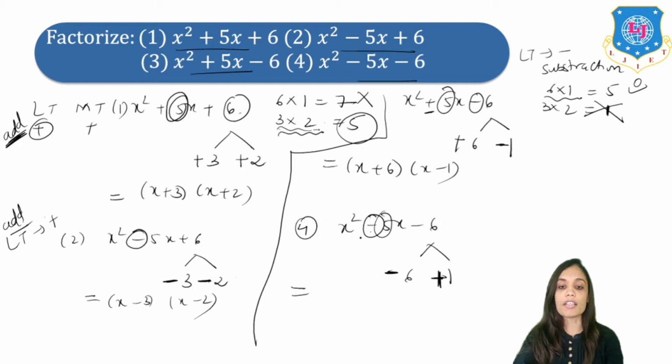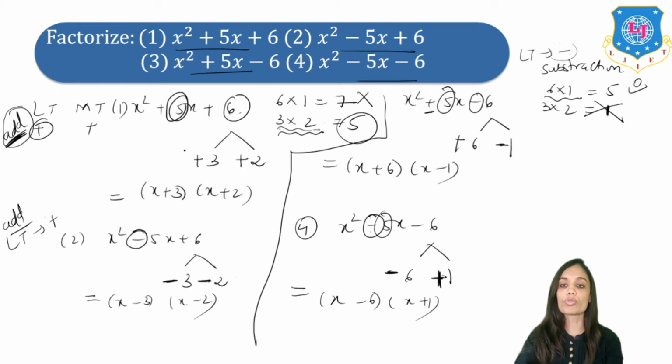So the factorization of this example will be x minus 6, x plus 1. Okay, so you just have to remember: if the last term sign is plus, we have to add the factors, right? And if the last term sign is minus, we have to subtract the factors. And you will easily obtain the factorization answer, right?